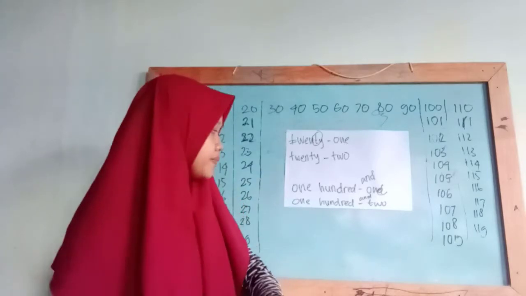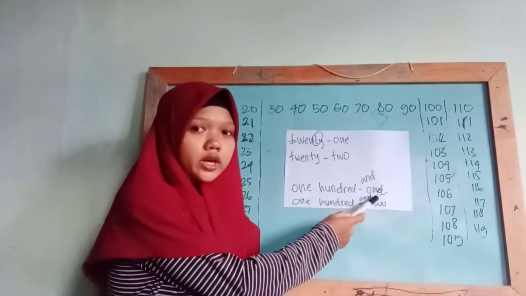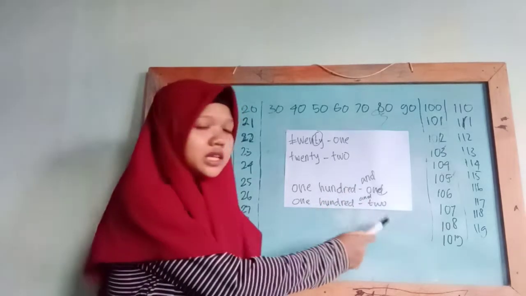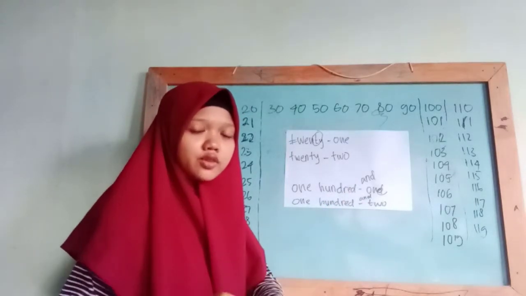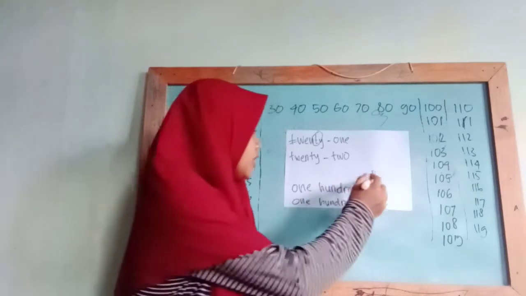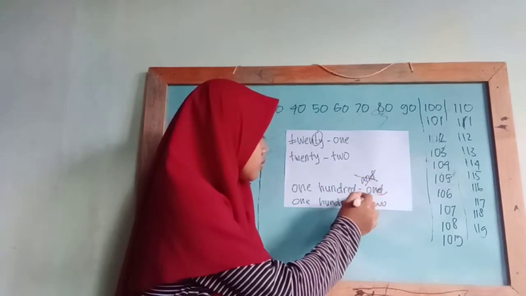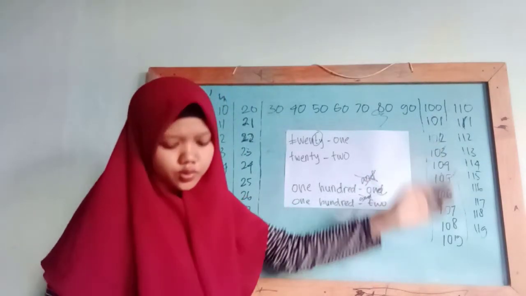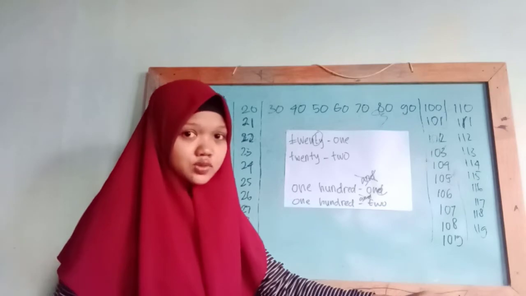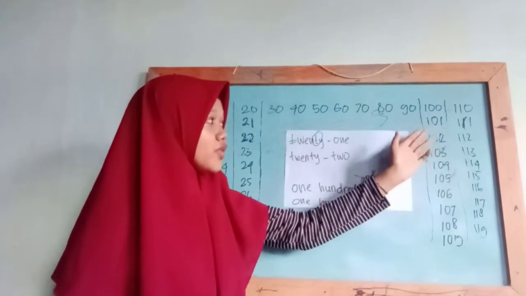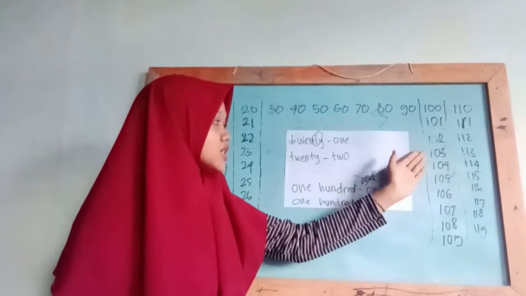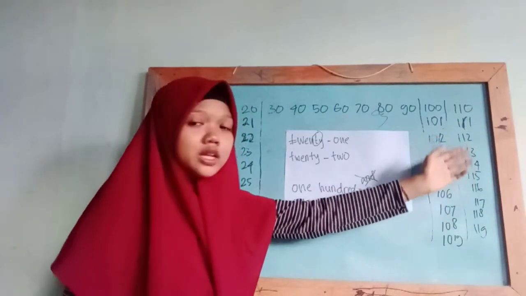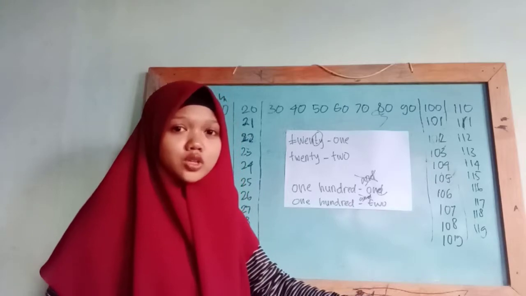For example, 101, 102, 111 with "and" is not correct. We don't need the word "and". So the correct way is to say 101, 102, 103, 104, 111, 112 without the word "and".